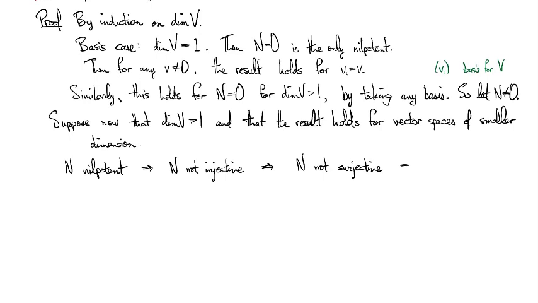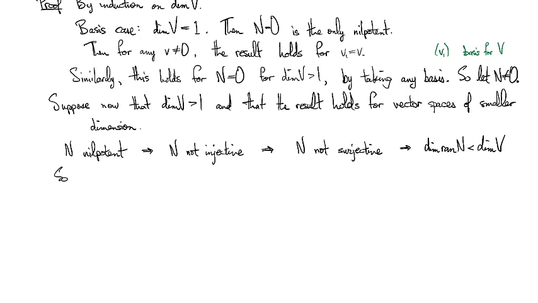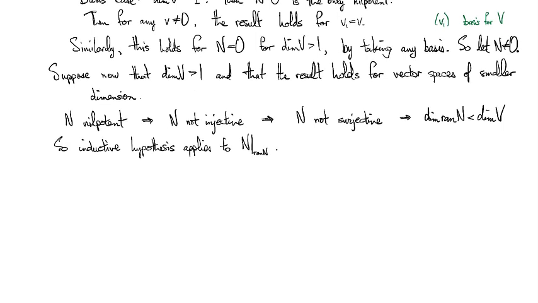And so then that tells us that the dimension of the range of n is strictly less than the dimension of V. So the inductive hypothesis applies to it. And notice that the range of n is an invariant subspace under n, so it's well-defined to talk about this restriction.